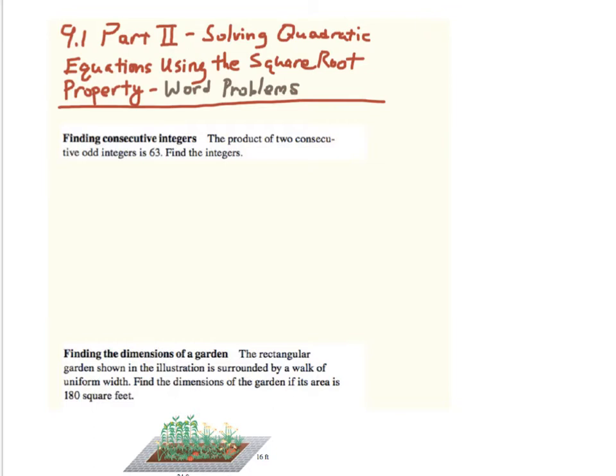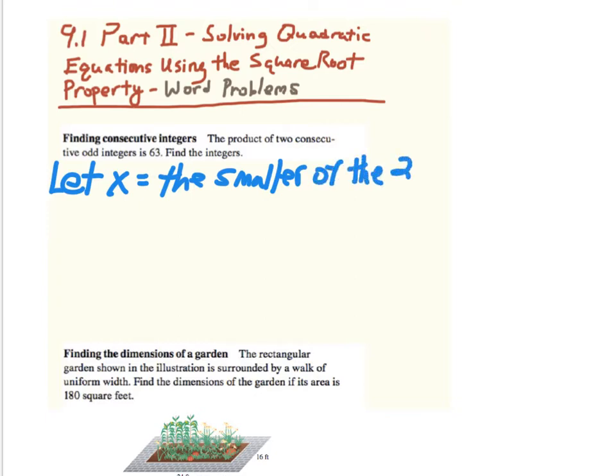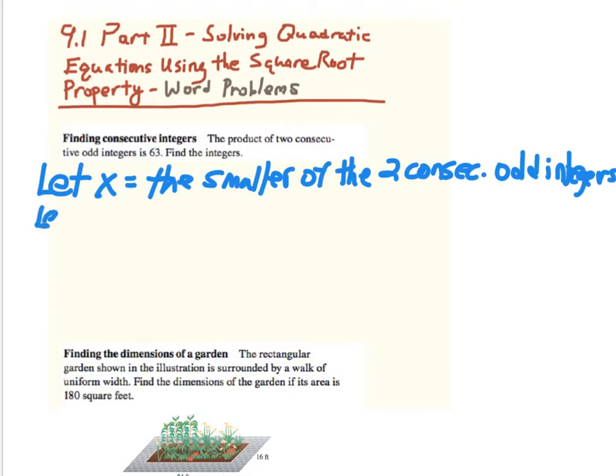So I'm going to start by defining: let x equal the smaller of the two consecutive odd integers, and remember that odd and even integers are separated by two numbers, so let x plus 2 equal the larger of the two consecutive odd integers.